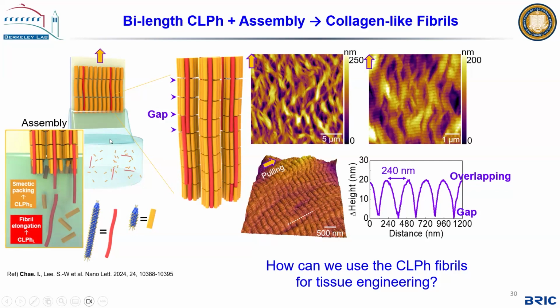So they are making this synergetic effect and make these periodic gaps along the fibers. So then eventually, by the pulling, we can make these periodic gaps, overlapped and gap regions, smectic packing along the fibrils. Then the next question is, how can we use these collagen-like fibrils for the tissue engineering?